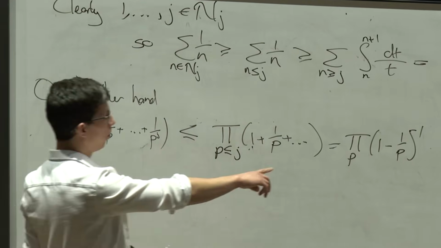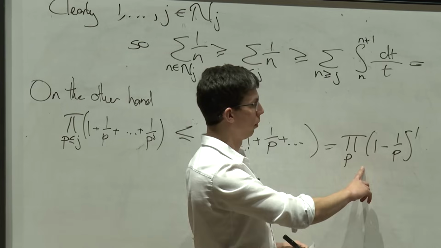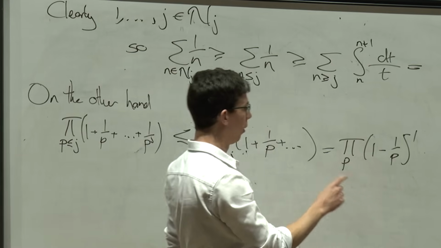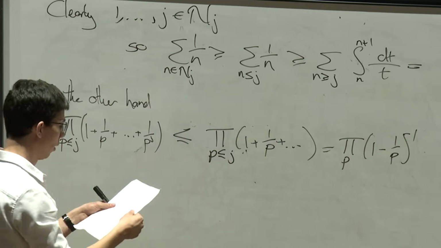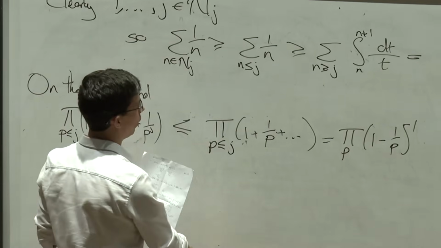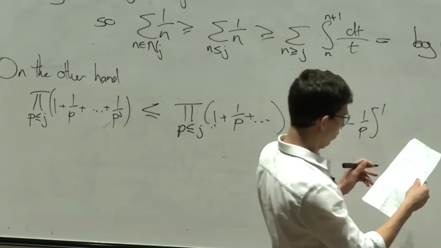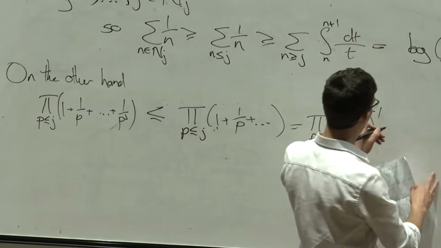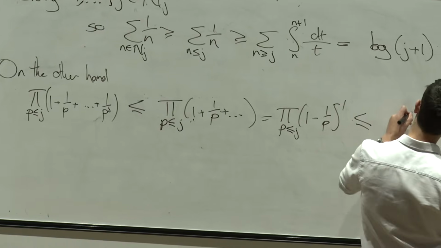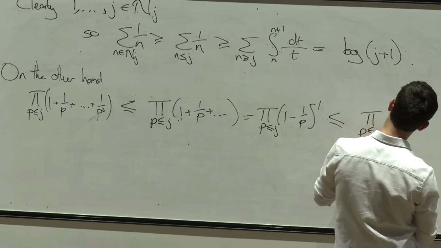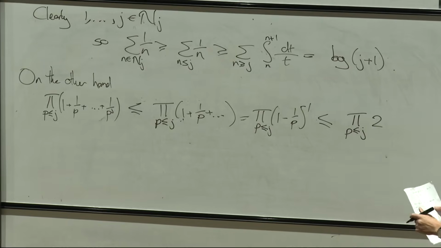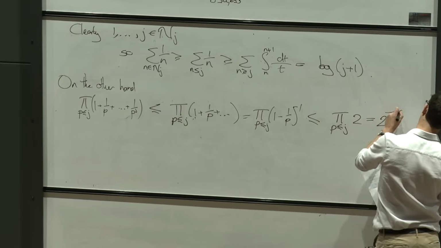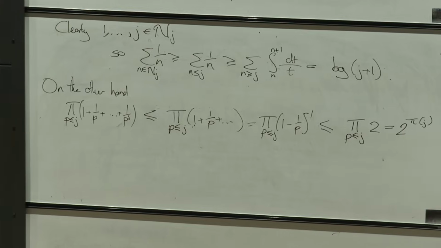But every prime is at least 2, so (1 minus 1 over p) to the power minus 1 is always less than or equal to 2. Sorry, this is over primes less than or equal to j. So this is certainly bounded above by the product over all primes less than or equal to j of 2, which is just equal to 2 to the power pi of j.